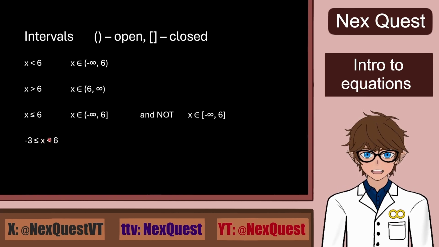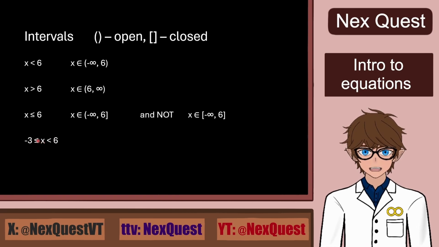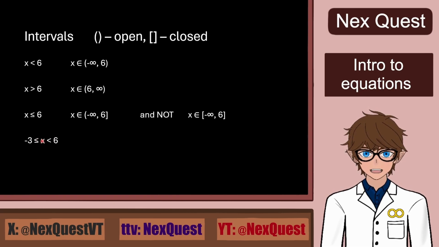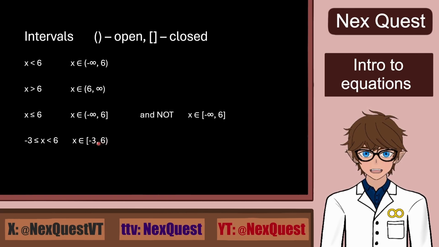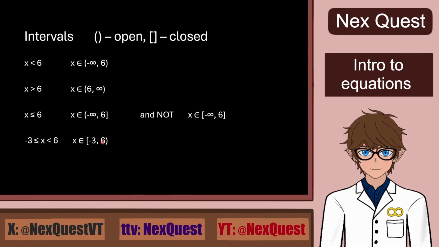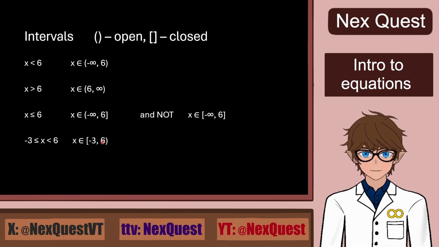Well, this just means that x is any number that is lesser than 6 and greater than or equal to -3, which on an interval would be presented like this. So numbers like -3, -2.5, -2, -1.9, -1, 0, 1, 2, 3, 4, 5, 5.5, 5.7, 5.99999, they're all in the interval. X can be any number out of these.